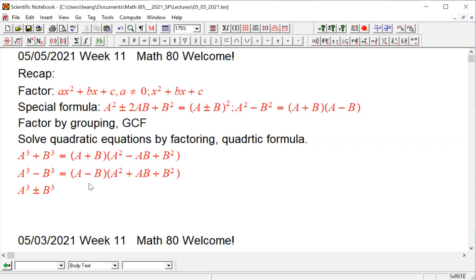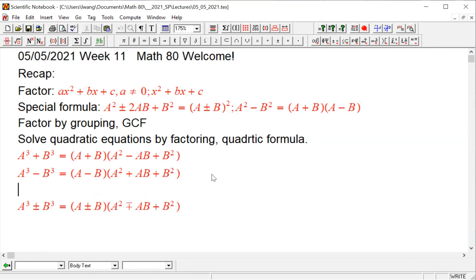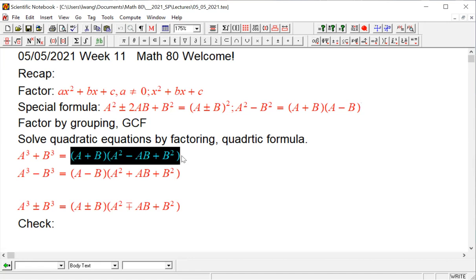It's a plus or minus, and this is going to be plus or minus, but this is going to be minus or plus. That may help us memorize. When I'm not sure, I will check if I have the right formula or not.